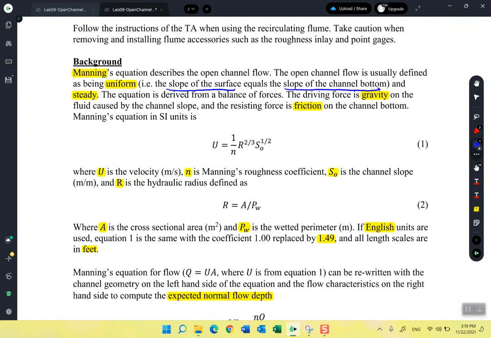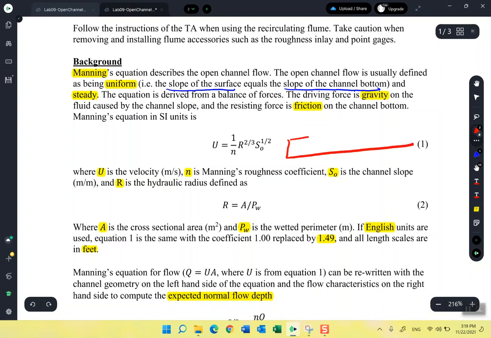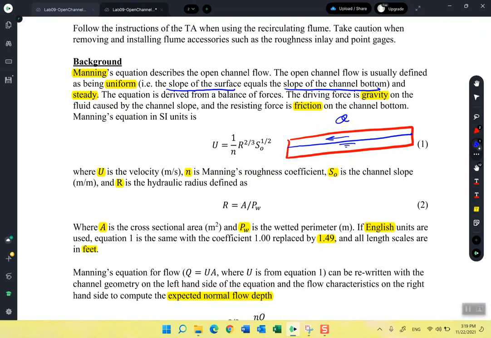So just imagine that by looking from the side at the flume that we are going to use during this experiment, it looks something like that. It has a certain slope, and when there is water flowing inside this flume, it should look something like that.